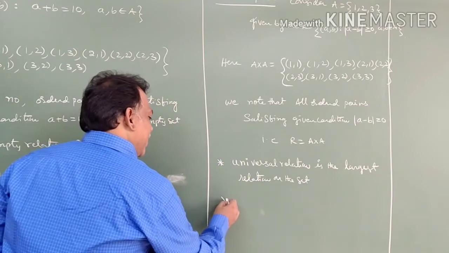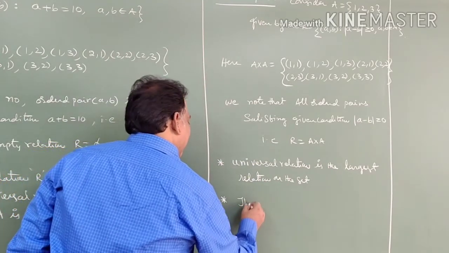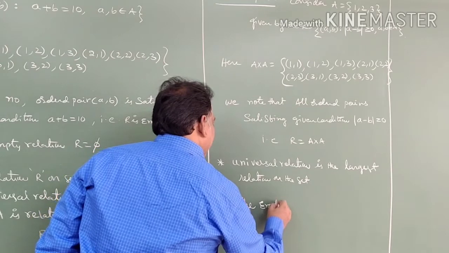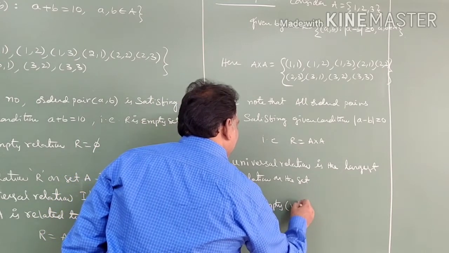Next, the important point is the empty relation, empty or void. We can write it, it is void also.